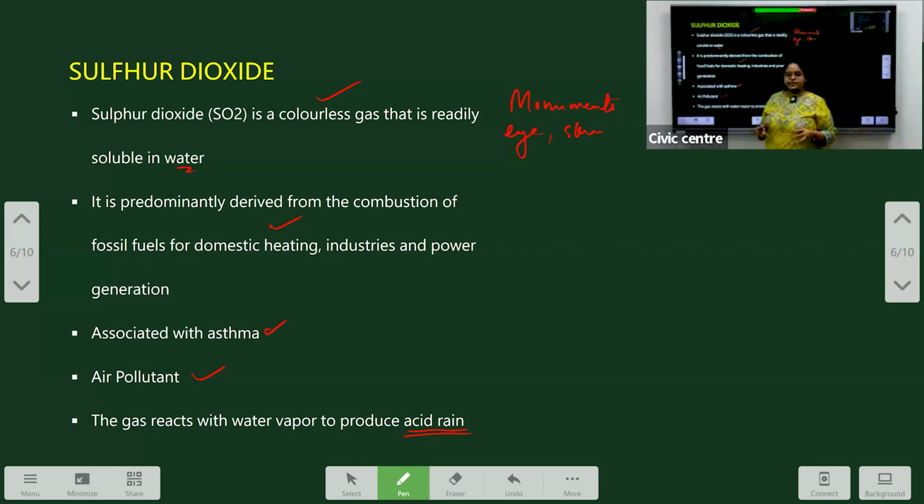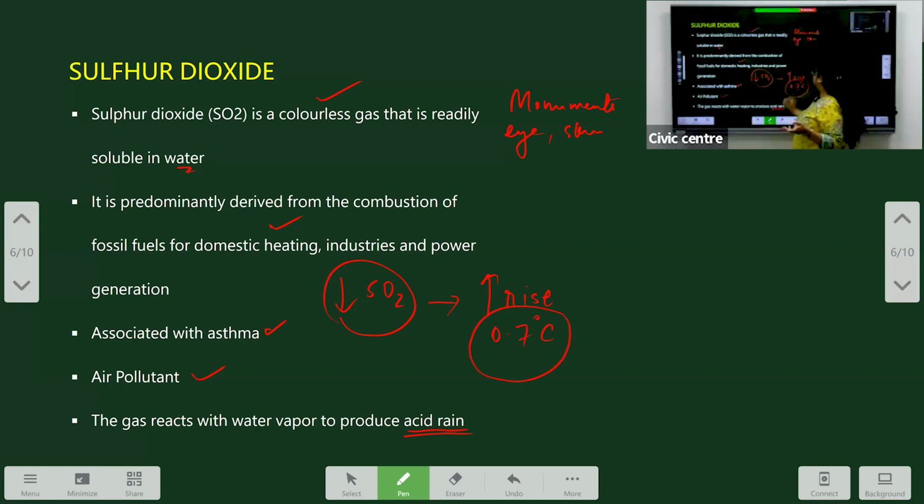In China, recently scientists have seen that the reduction in the emissions of sulfur dioxide is causing temperature rise, that is 0.7 degrees centigrade has risen in China since 2014.